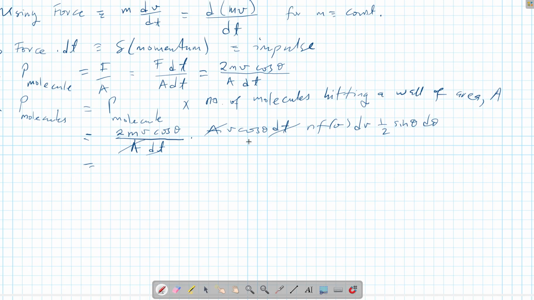So we would want to integrate over dv and d theta to compute the total pressure.